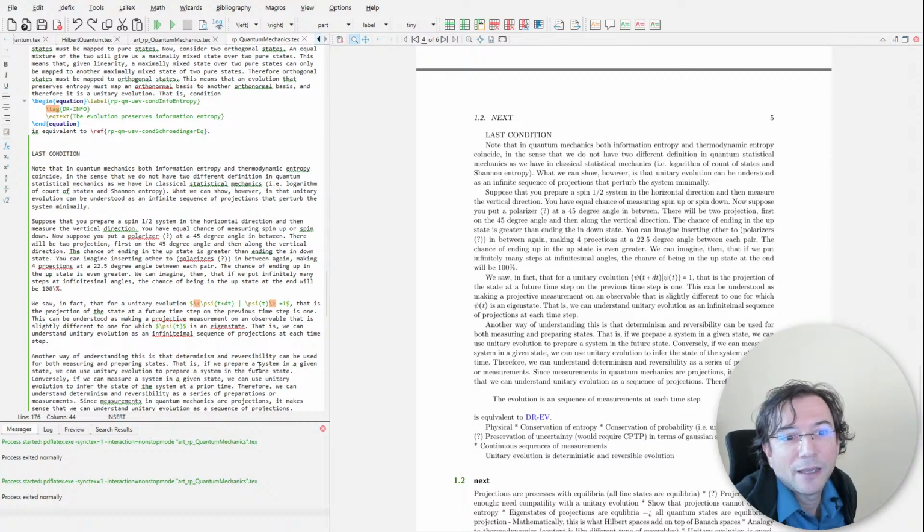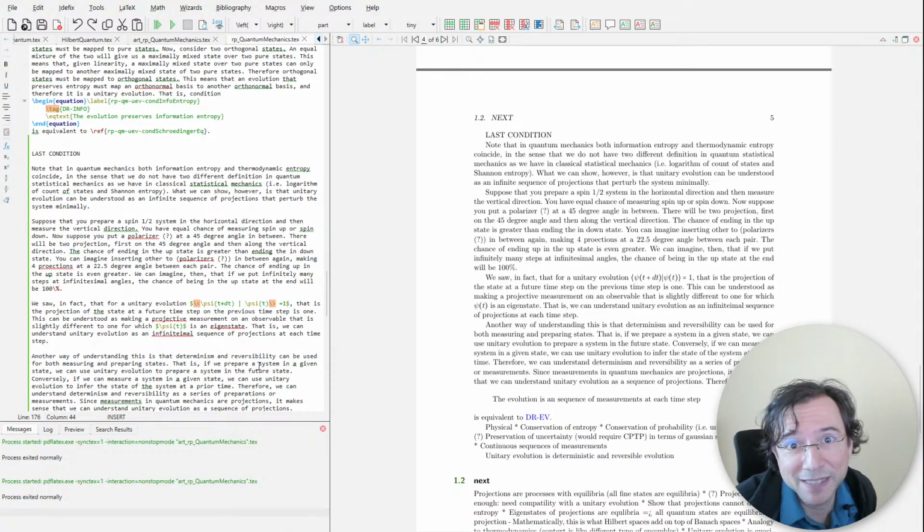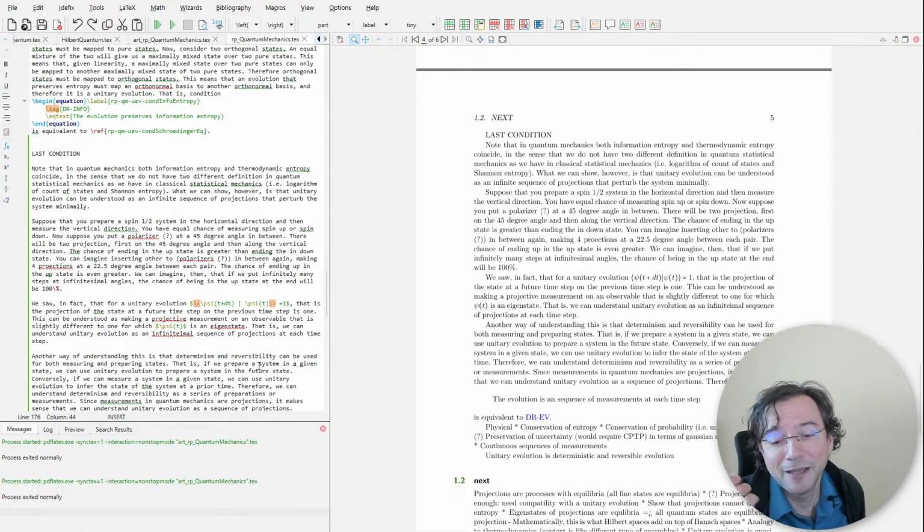And again, one of the things that people think is different in classical mechanics is that you can't see any mixed state as the marginal of something else. You can't say I have a pure state and then I see it as the marginal of something else.